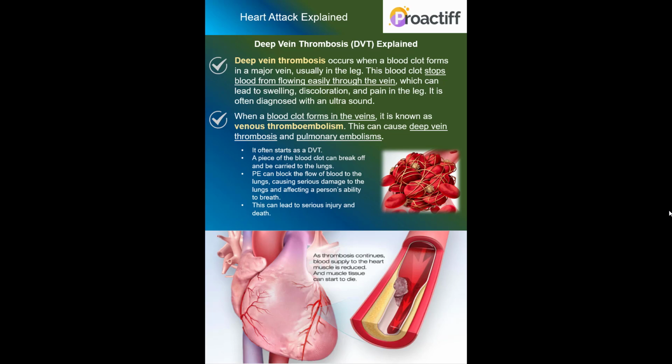It often starts with the DVT condition, and a piece of the blood clot can break off and get carried to the lungs, and then the PE can block the flow of blood to the lungs, causing serious damage to the lungs and affecting a person's ability to breathe.